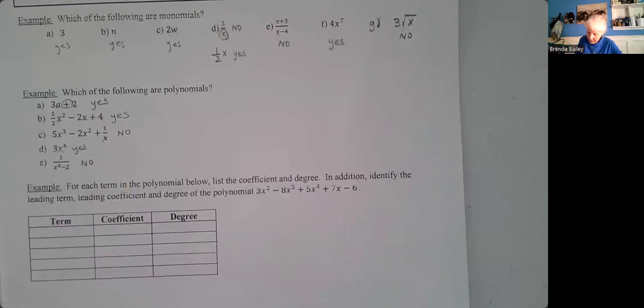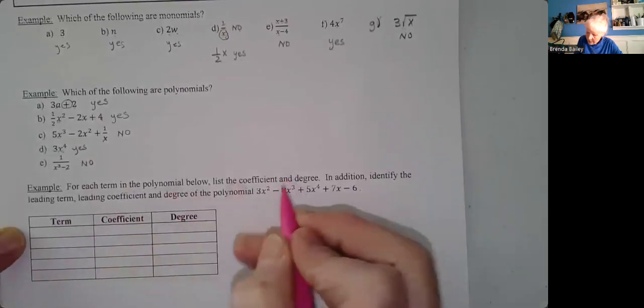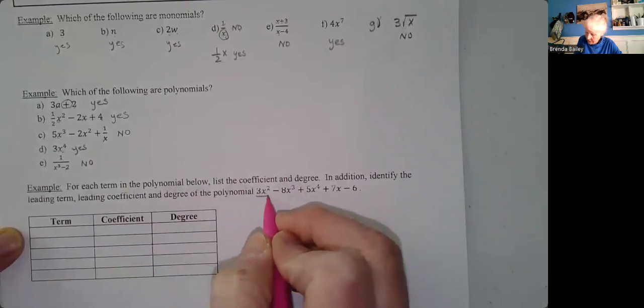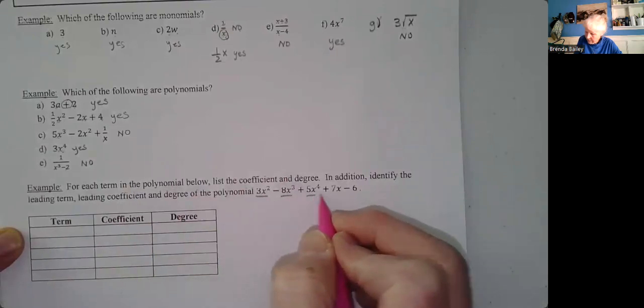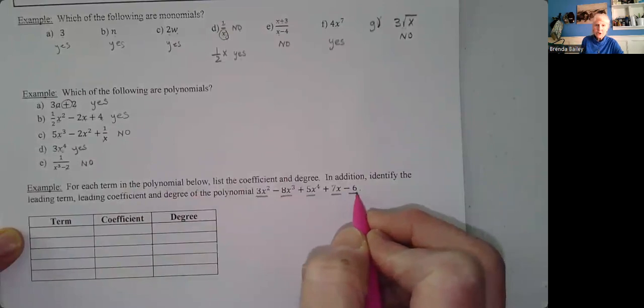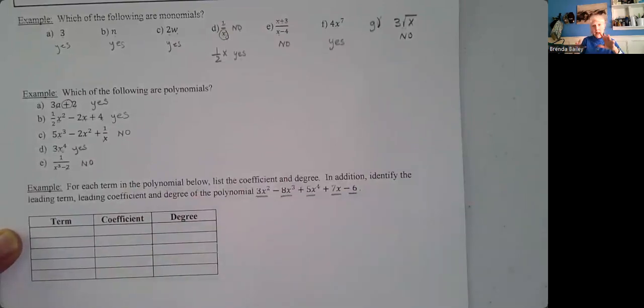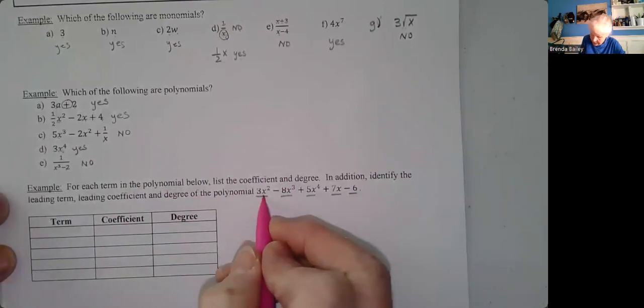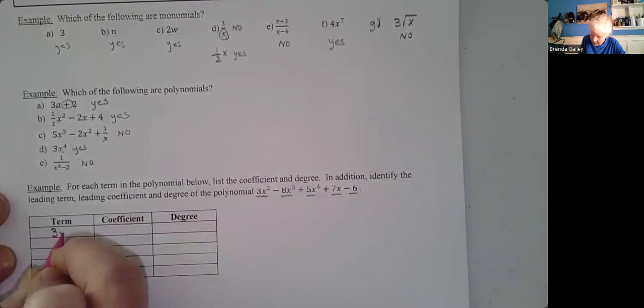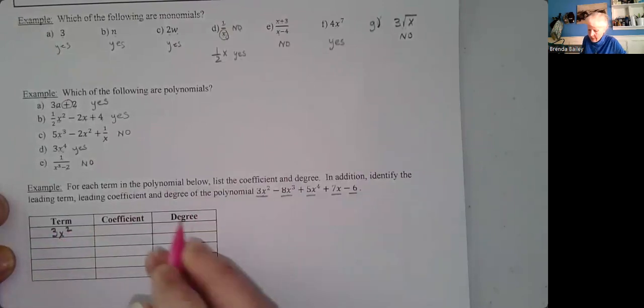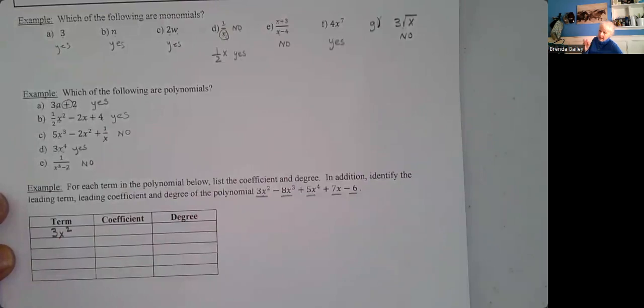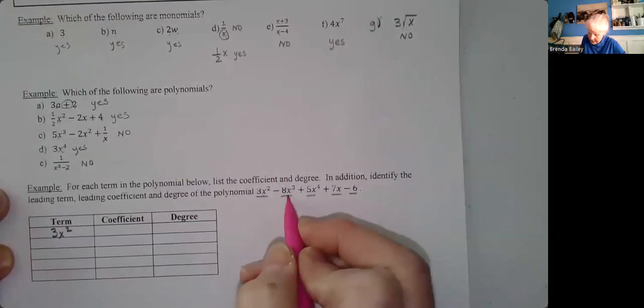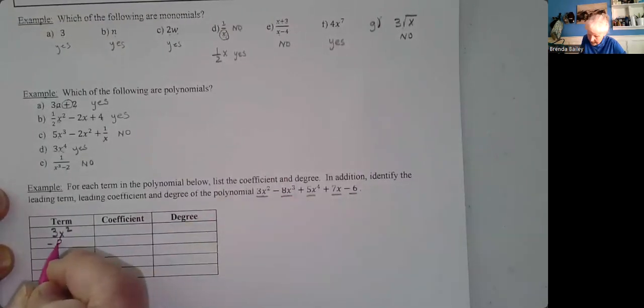Let's look at the first one here, the term. This one has 1, 2, 3, 4, 5 terms, 5 parts that are separated by plus or minus. The first term is 3x squared. I'm just going to list them before we talk about coefficients and degree. Our next term is a minus 8x cubed.